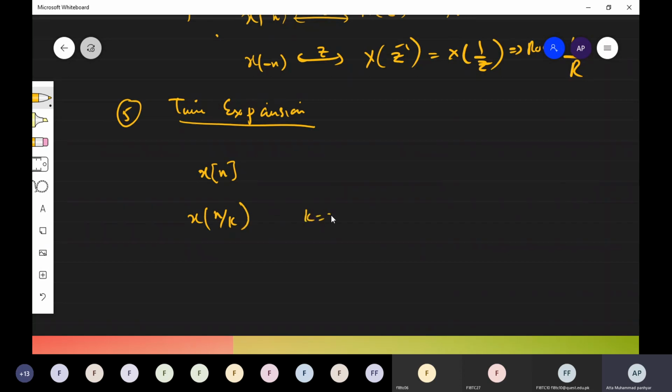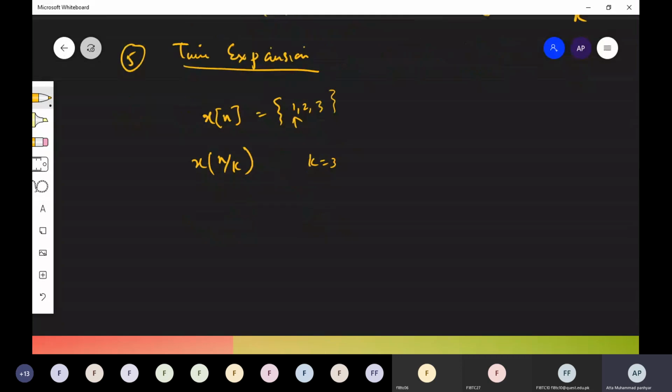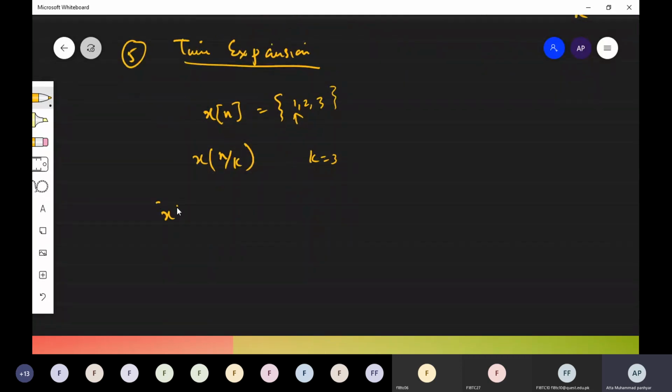Let's assume k equal to 3, and for example, if we have a signal x of n as 1, 2, 3, and its origin is at 1. So let us see what is x of n by k. Now the value of k is 3, so n divided by 3, how must this signal look? If n is equal to 0, then 0 by 3 is equal to 0.